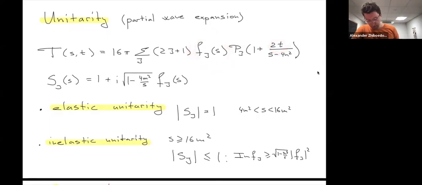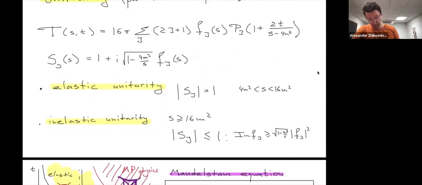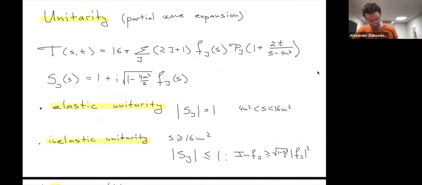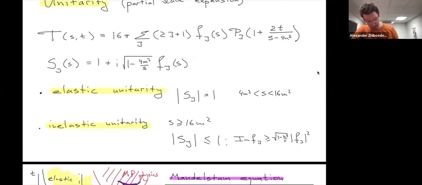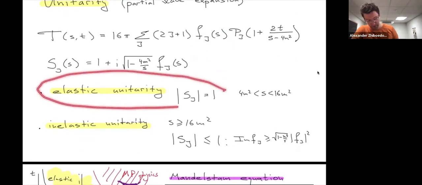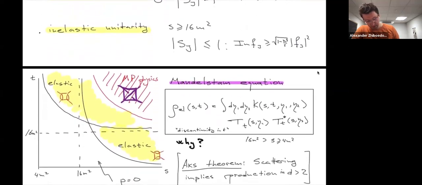And then I told you without showing, and I'm afraid I don't have time to derive this, but it's really just complex analysis, and in the notes that I uploaded you can go over it. It's really simple, that it's convenient to reformulate this elastic unitarity in terms of this Mandelstam equation. This Mandelstam equation is also a statement of elastic unitarity, so it's formulated in this elastic strip.